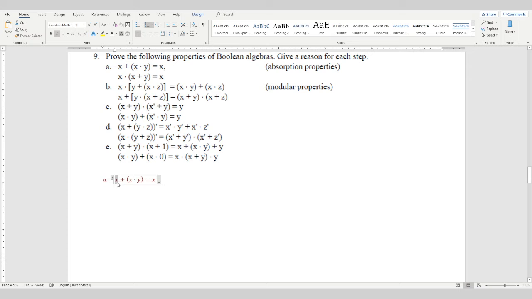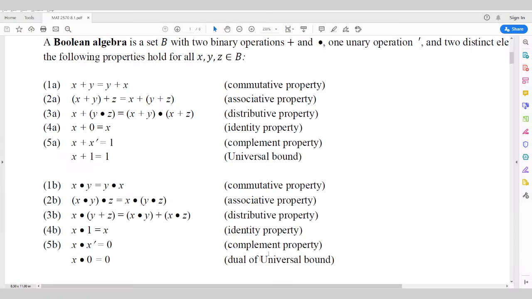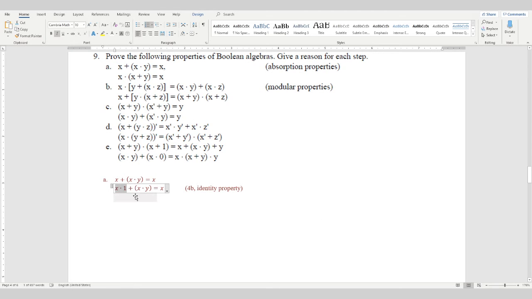In this case, we're going to take this x at the beginning and multiply it by 1, which is something that we should be free to do. Multiplying something by 1 doesn't change what it is, which is true generally in algebra, but we do need to be careful here. We're talking about specifically this property of Boolean algebra, multiplying by 1, we get x. So by the identity property, we're able to do this.